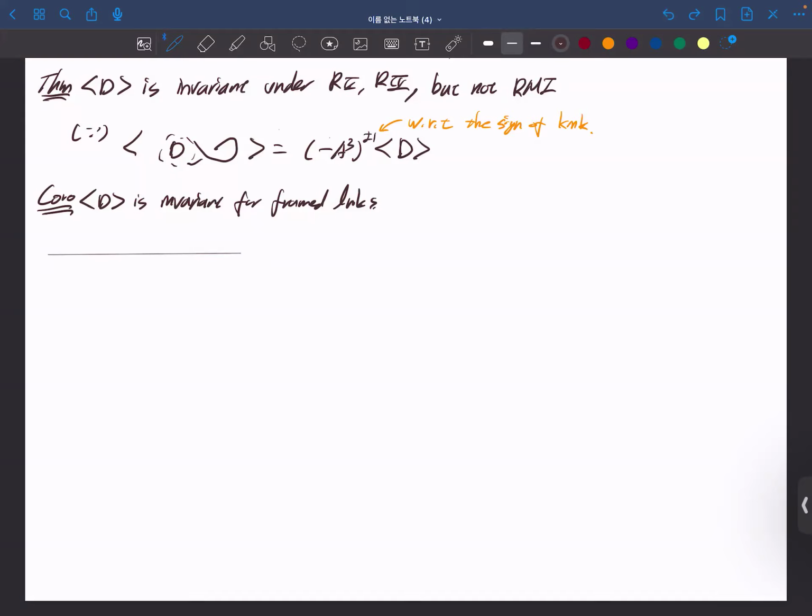From that observation, we use the writhe, which we defined before.